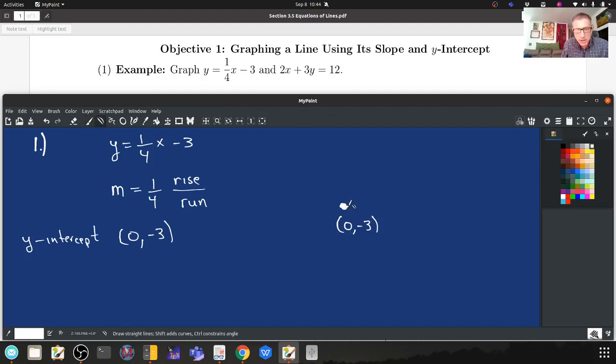So if I start this direction and go over 4 units in the positive direction, that's 1, 2, 3, 4 spaces, because 4 is positive. Then I've done a run of 4, and the rise is 1.